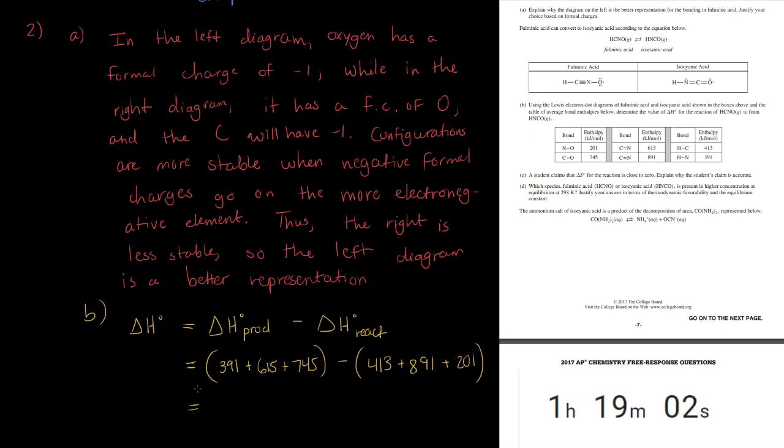Give me a second. And I'm going to subtract 413 plus 891 plus 201. And I'm going to get a total value here of 246, and the units were what? Kilojoules per mole.